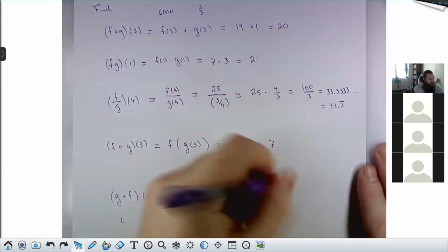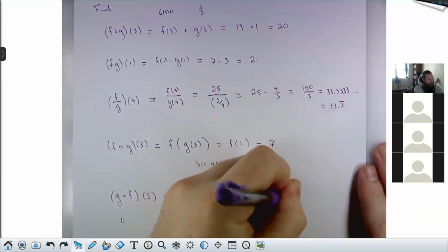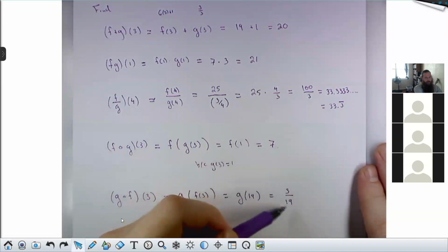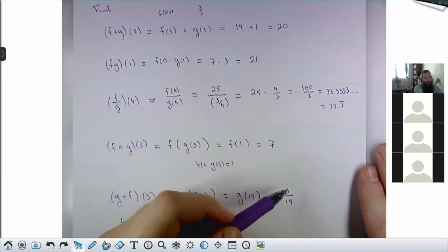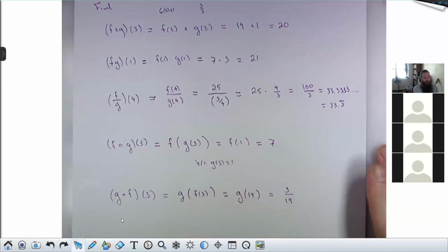And g of 19 is 3 over 19, because g of anything is 3 over that thing. And 7 is not 3 over 19, right? 3 over 19 is smaller than 1. It's way smaller than 1. It's a little bit smaller than 1/6. 7 is much, much larger.